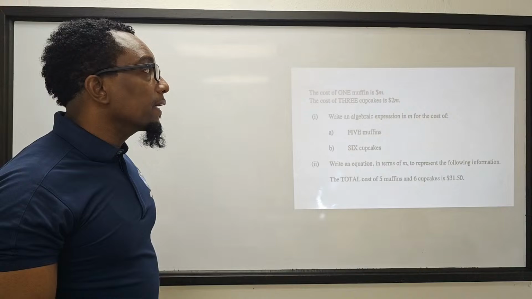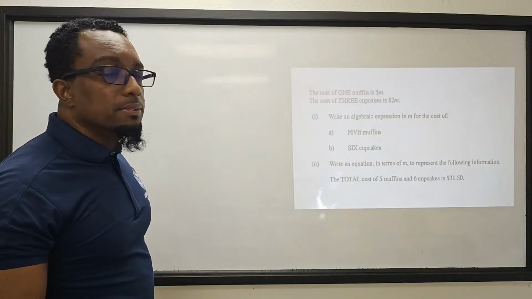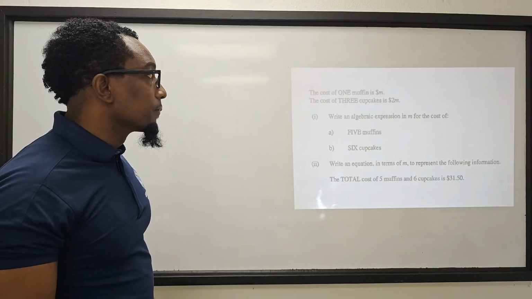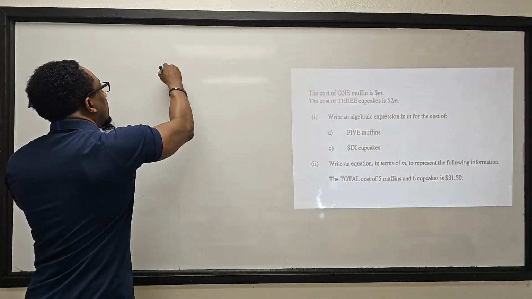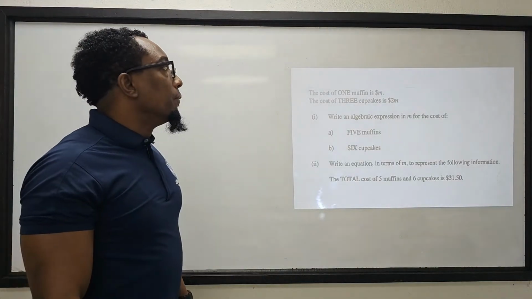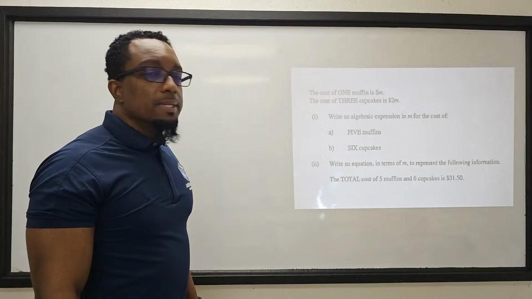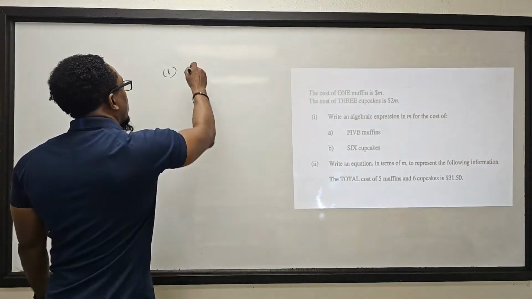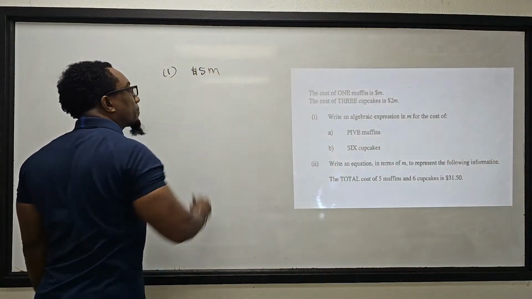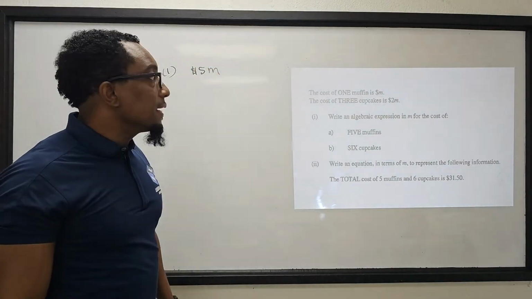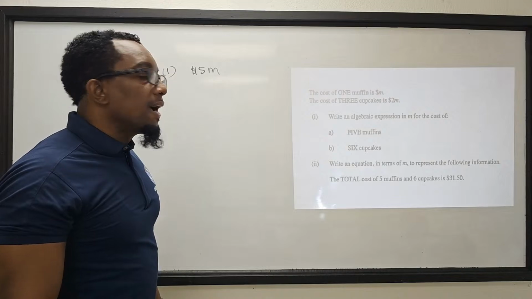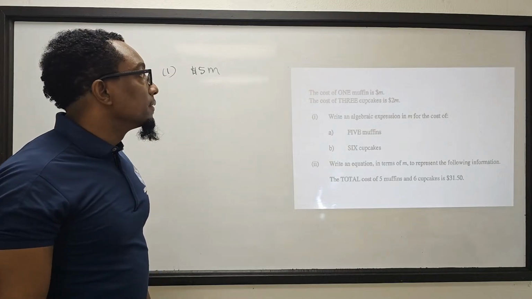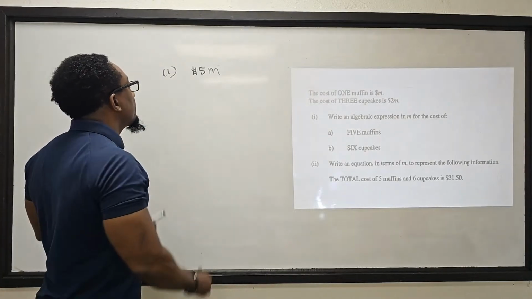Write an algebraic expression for the cost of 5 muffins. So one, straightforward. If one muffin is $m, then what's the cost of 5 muffins? Then it's going to be $5m. That's it. If one muffin is $m, then 5 muffins is just m multiplied by 5, which will be 5m.